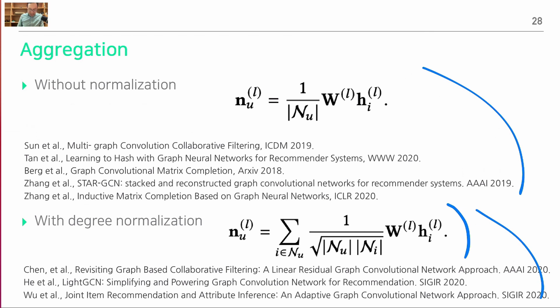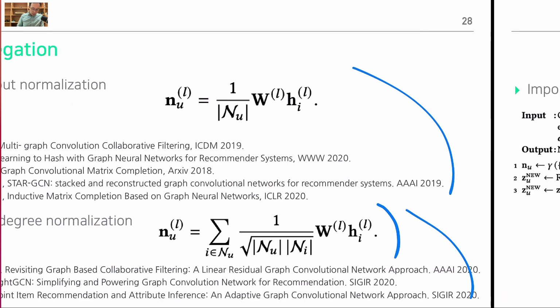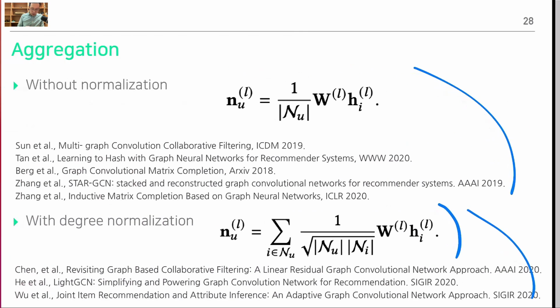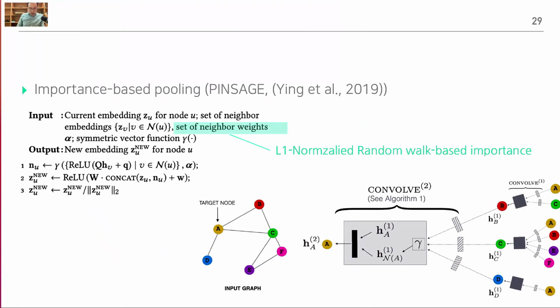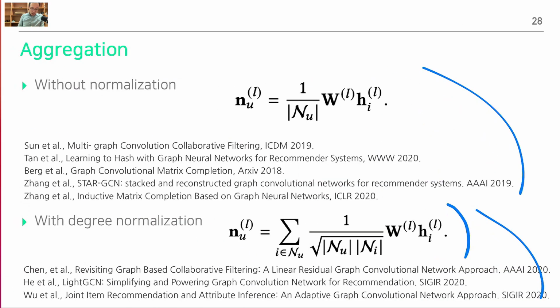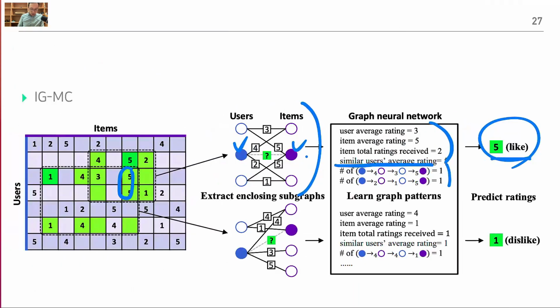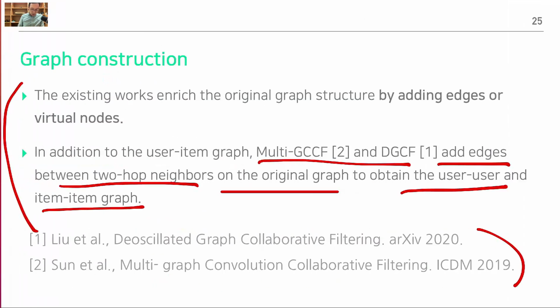But you need to test it depending on your own data set. All right, and what about the importance pooling? To decide the neighboring representation, let me come back to the framework.